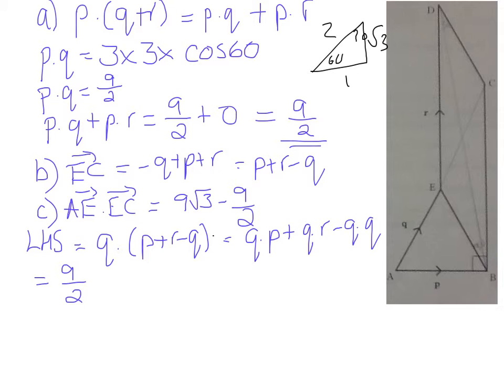Q dot R. Now, Q and R at the moment, this angle here, remember both vectors should really be pointing away from the angle in between. So what I'm going to have to do is shift Q up and put it over here. So if I draw in Q here, now I can get the angle in between them.